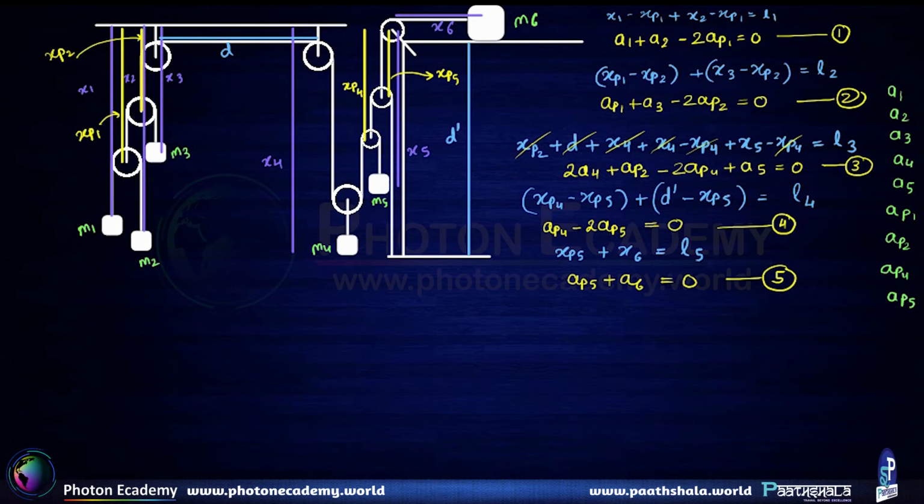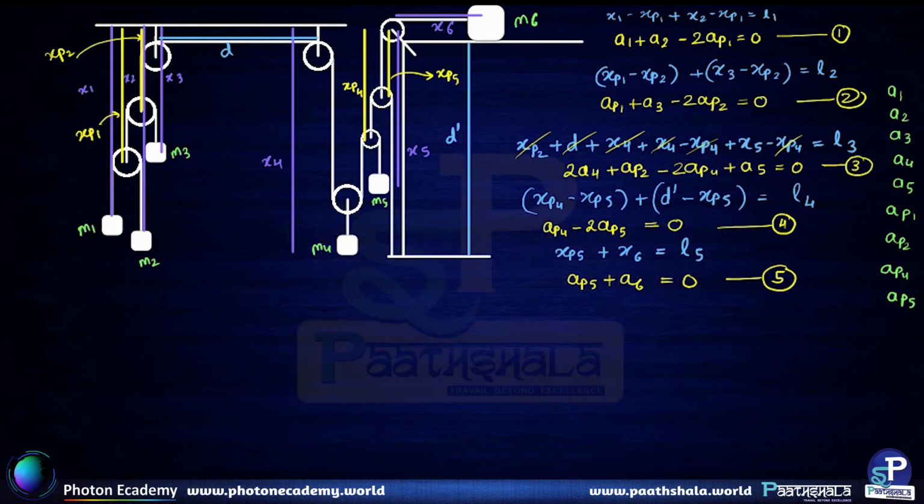Now let us understand what is happening with the tensions. So let us fix one tension and find out what's happening to the other tensions. Let us say we take the tension in this string to be T. So this also is T. This is 2T. This happens to be 2T as well.